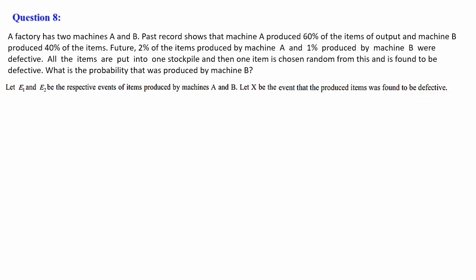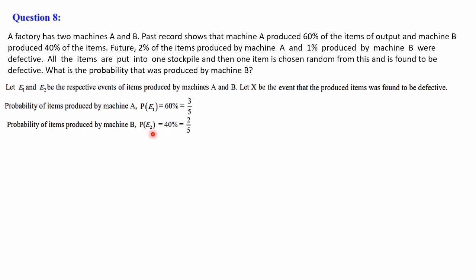And let's write P of E1, that is probability of items produced by machine A, that is 60%. 60% means 60 by 100. When we cancel 20 here, you will get 3 by 5, simple form. Then probability of E2, that is probability of items produced by machine B, that is 40%, means 40 by 100. 20 if you cancel, you will get 2 by 5. Then probability that machine A produced defective items, that is what is given to you, 2%.